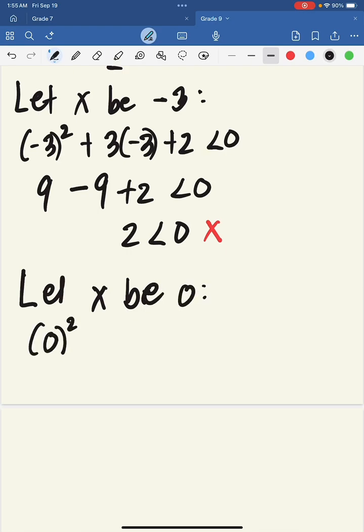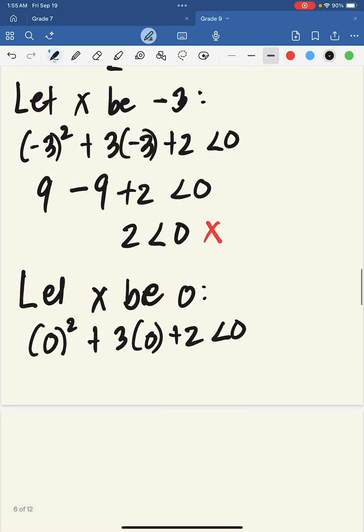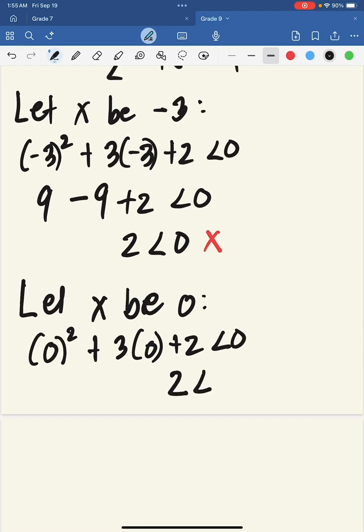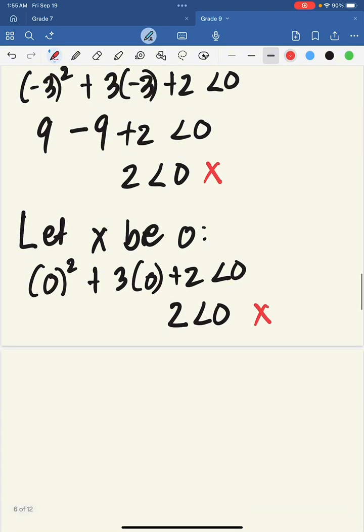So 0 squared plus 3 times 0 plus 2 is less than 0. Here we have 0 squared plus 3 times 0, which is just 0. So 2 is less than 0, which means that this is wrong. So the only numbers that satisfy the given inequality are the numbers between negative 2 and negative 1.